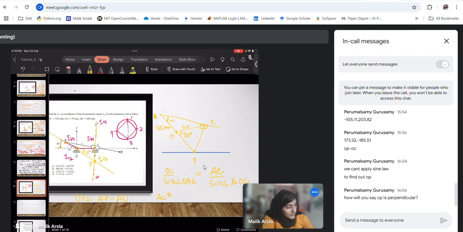Let me write it like this. AC is equal to the square root of L1 square plus L2 square minus 2 L1 L2 cos theta 2. This relation you have already studied in the previous lectures.